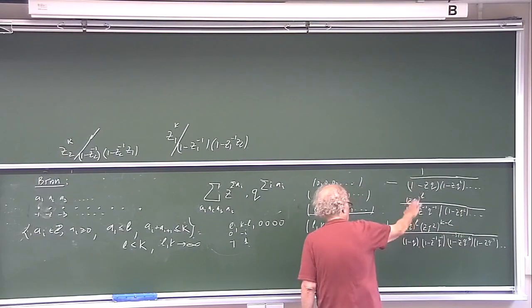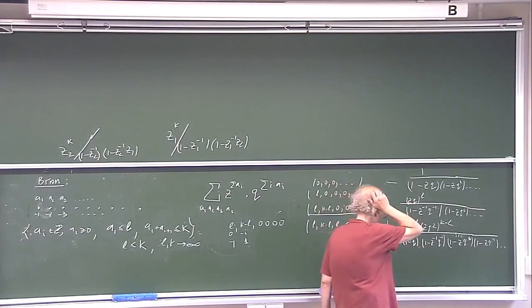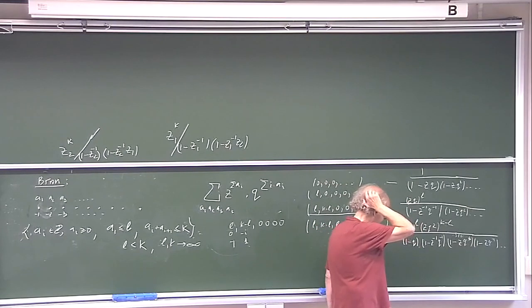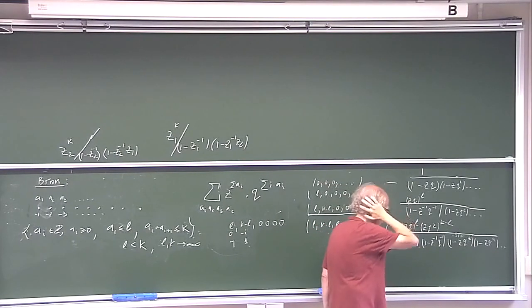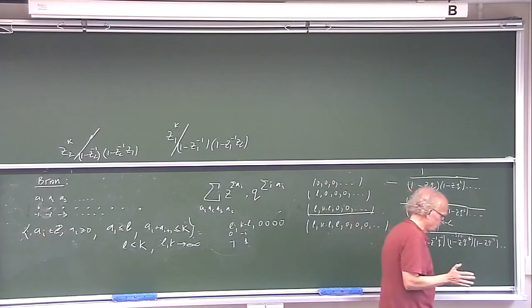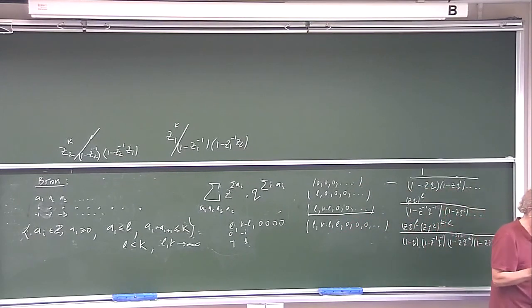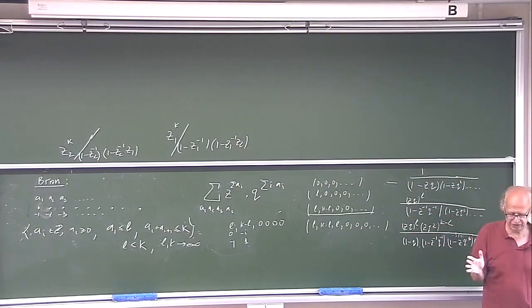Then I have to sum up all of them, but now in the case of usual Brion, the statement is that we have a polynomial which is a discrete integral, and we write down this polynomial as a sum of rational functions.